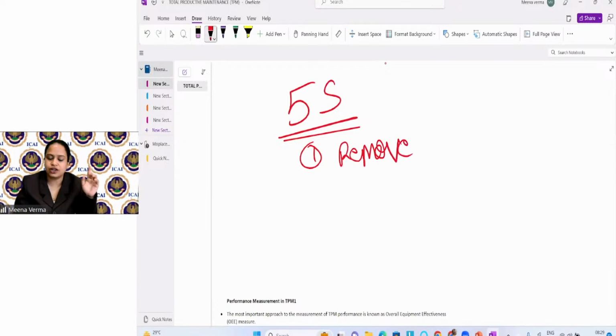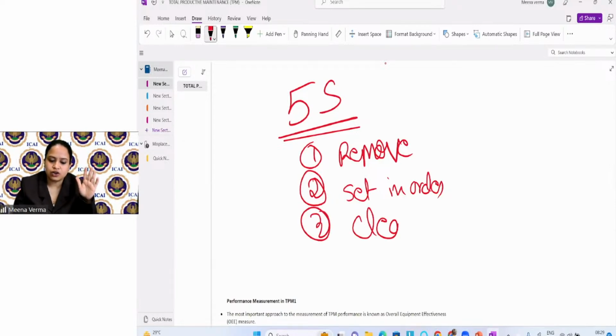In sorting, we remove the unnecessary things. Then we organize the things and set the order, which product should be placed where: set in order. Then the third is cleaning. These steps help you to organize the workplace.